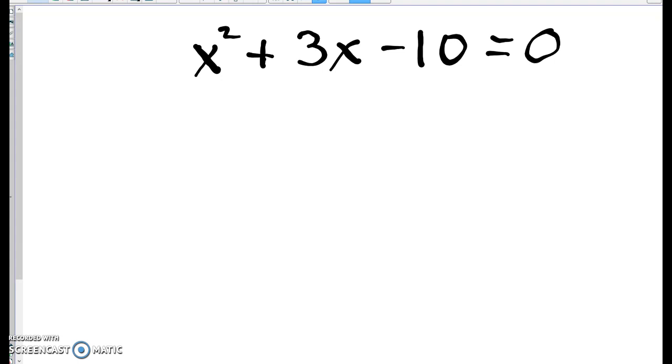We've seen before, though, that expressions that look like this can be factored. We can look for terms that multiply together to be -10 and add together to be 3 and come up with two factors of this expression.